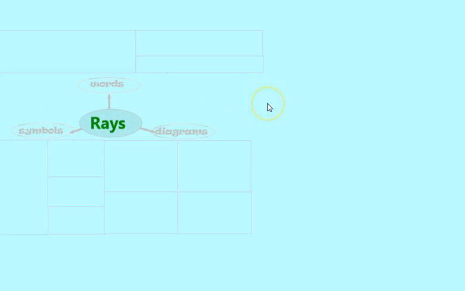Next object, rays. Rays are subsets or portions of a line that actually have the beginning, which strangely is called the end point, and then it continues indefinitely in one direction. So if I had a ray, like on this diagram, I would have to call it ray DE.